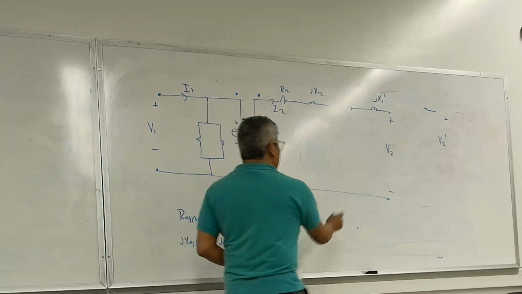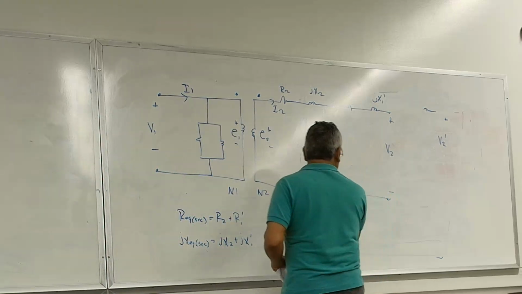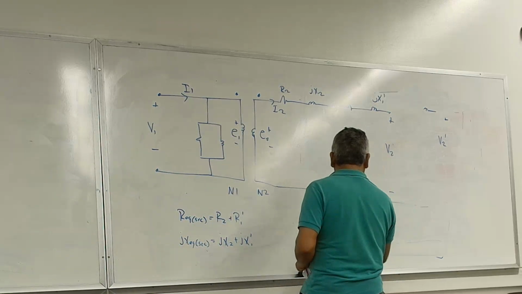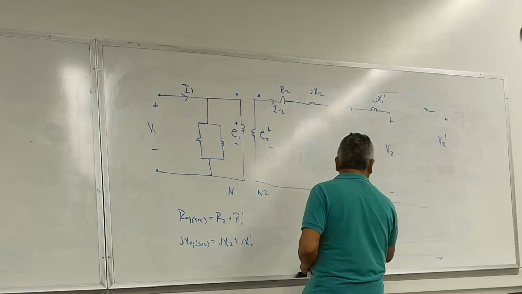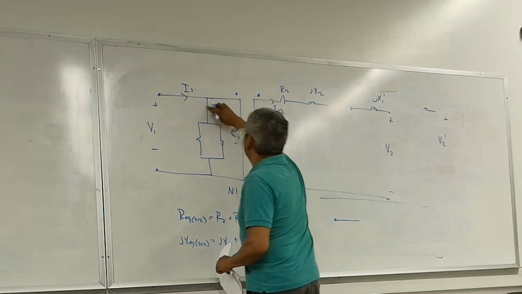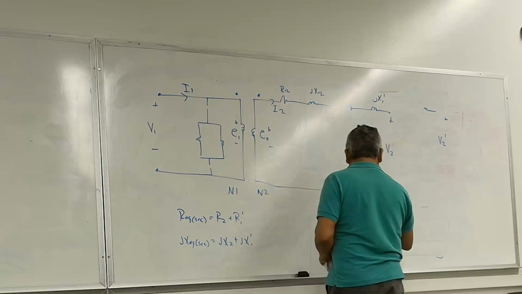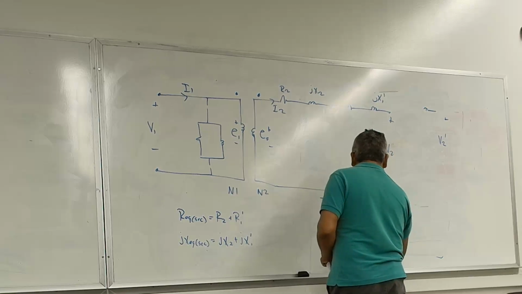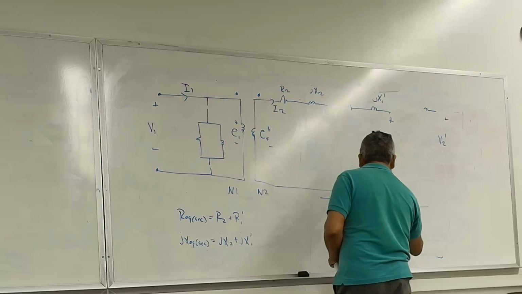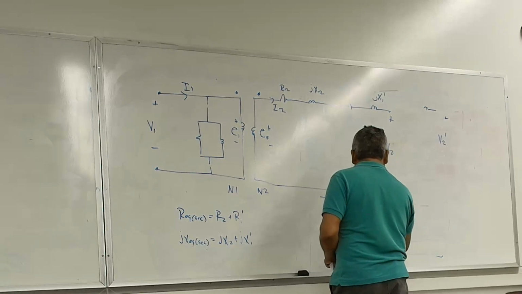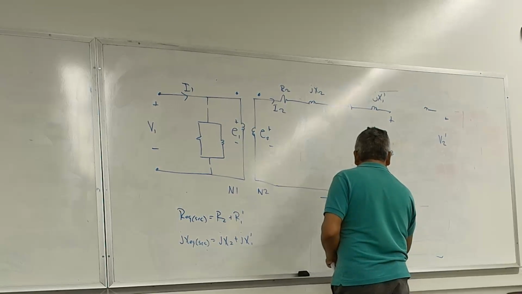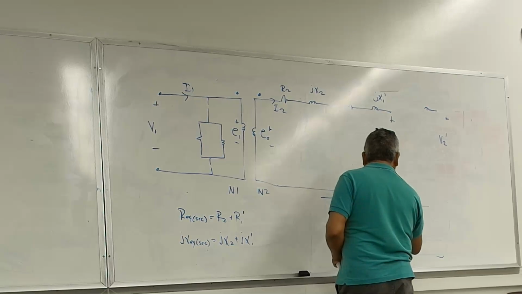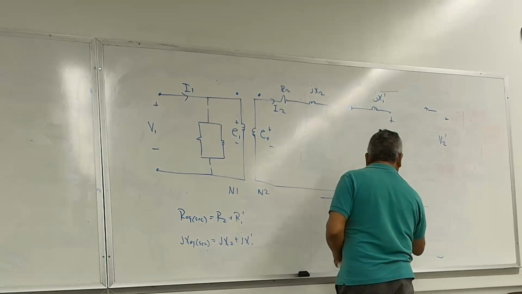I'm sorry, I'm going to write it here, still have room. So you can write the equivalent secondary as follows. We're going to ignore the magnetizing branch, and we're going to say that the equivalent circuit now, as seen from the secondary, is R EQ secondary and JX EQ secondary.